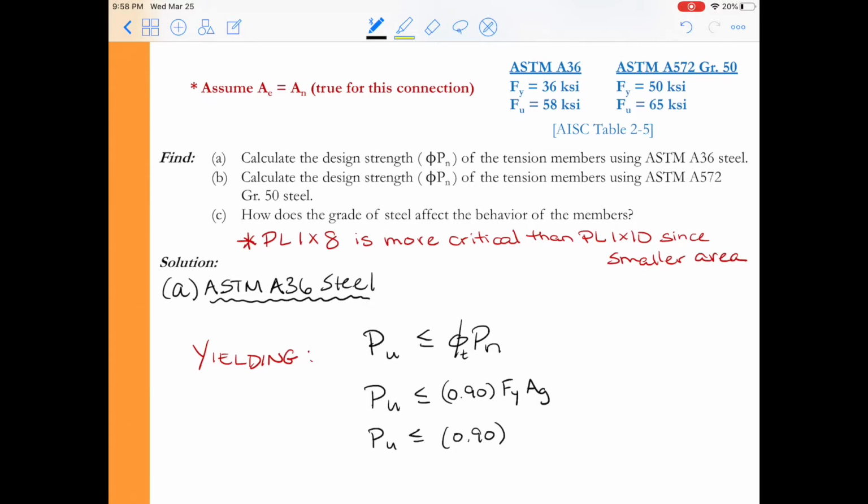And again, you can refer back to AISC table 2-5 if you want a quick listing for where these materials are compiled in our manual. And lastly, we need to come up with the gross cross-sectional area. That was the area at the end of the member. So for a 1 by 8 member, that's going to be 1 inch thick by 8 inch width, so a total of 8 inches squared for this particular member.